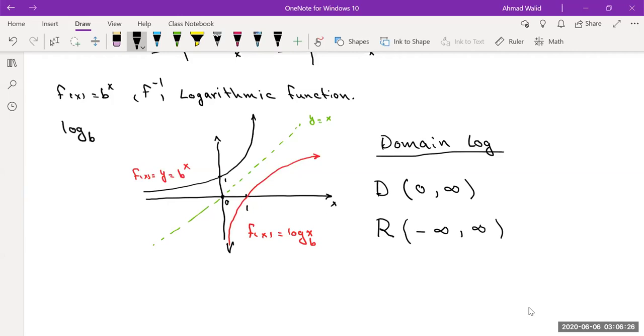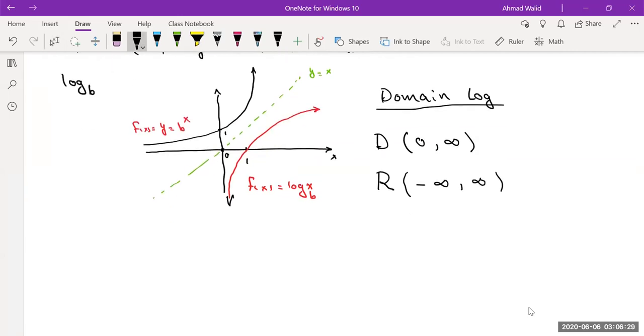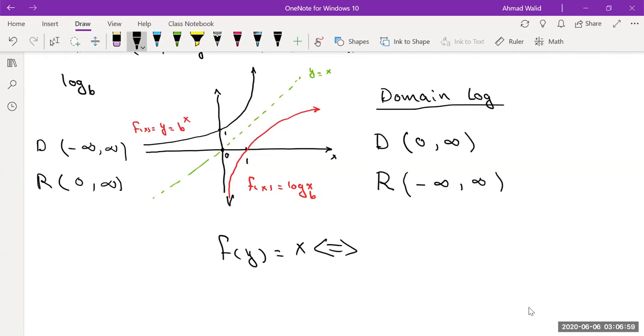The other day I gave you the domain and range of the exponential function. The domain was from negative infinity to positive infinity, and the range was from 0 to infinity. Because f of y equals x, then f inverse of x equals y. This is our definition for inverse functions.